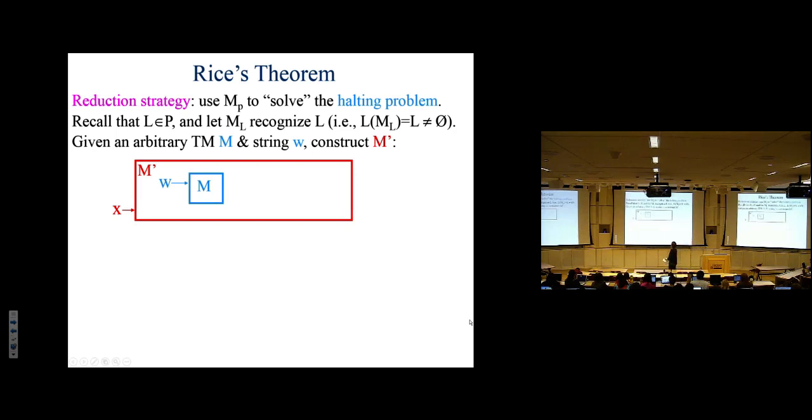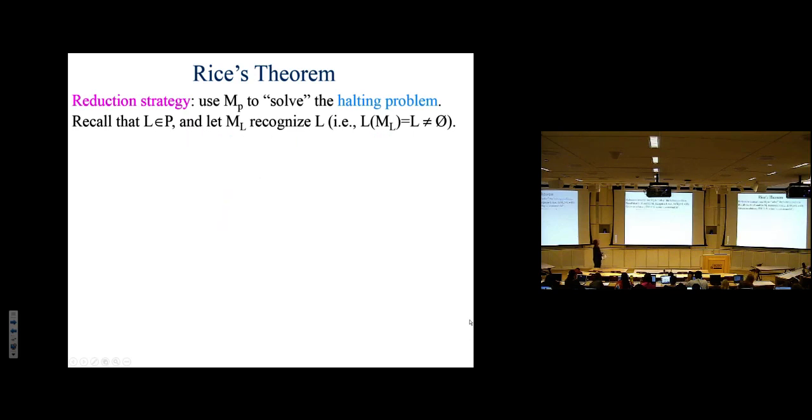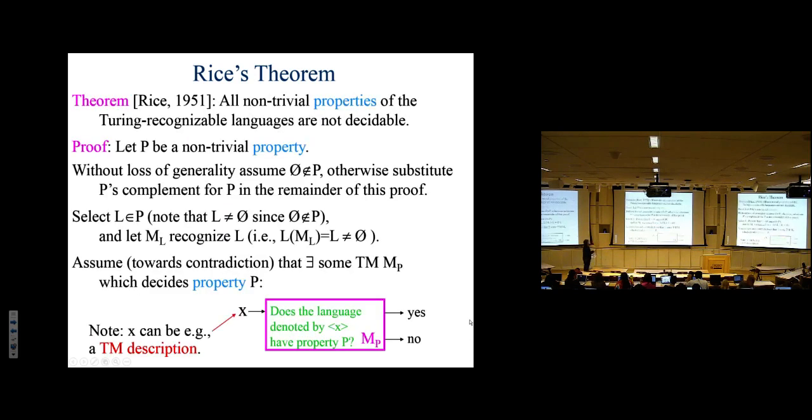Same as before. It'll run internally M and W, simulated, and if it halts, it will then run the decider that supposedly accepts the language L out of this property P. Remember, we picked L over here, out of this property such that it's not an empty language, and it's got to be there because the property is not trivial.